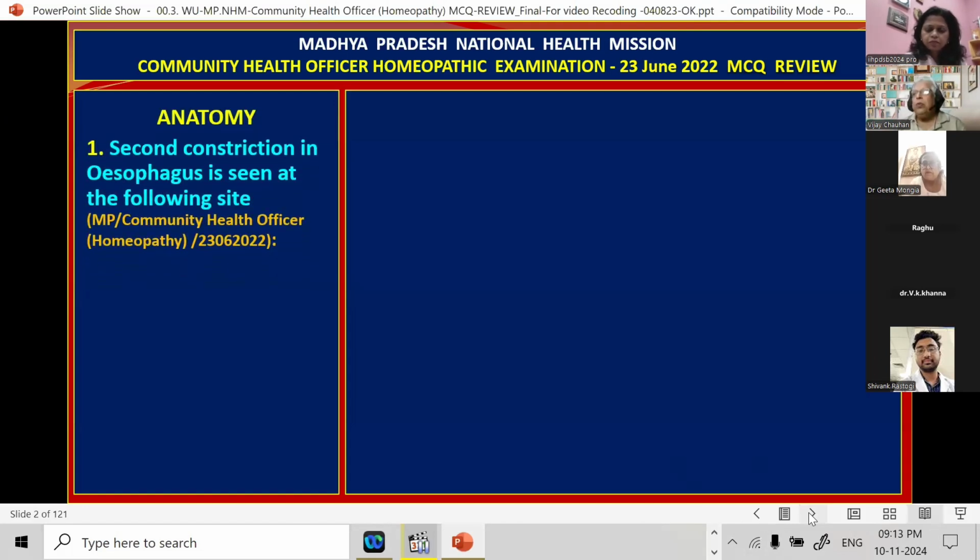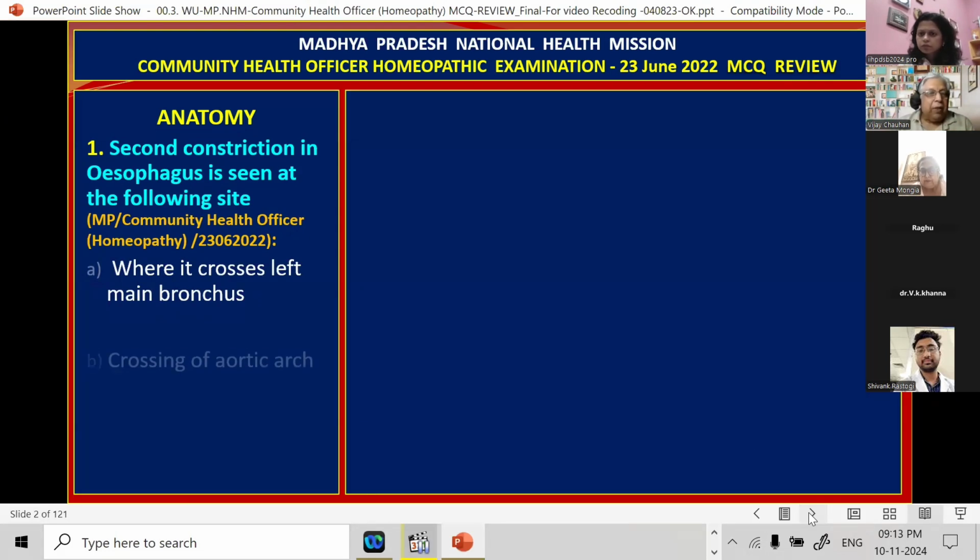This question belongs to anatomy, and the question is, the second constriction in esophagus is seen at the following site. A, where it crosses the left main bronchus. B, crossing of aortic arch.